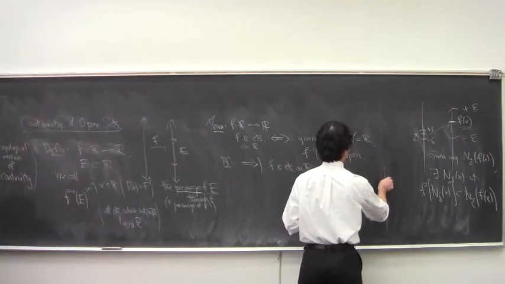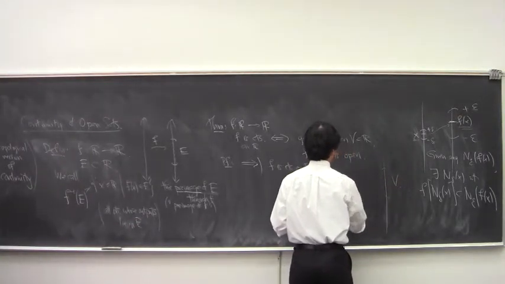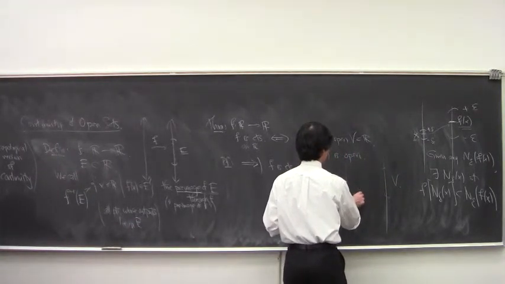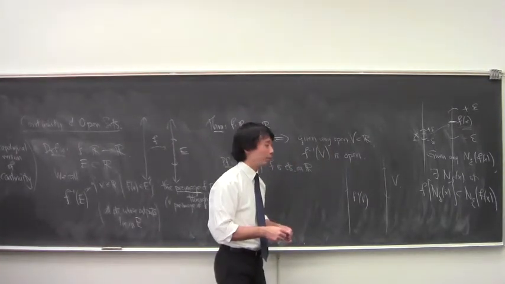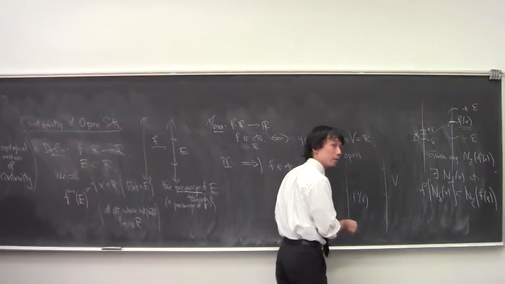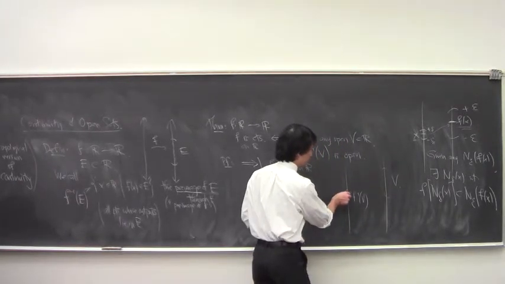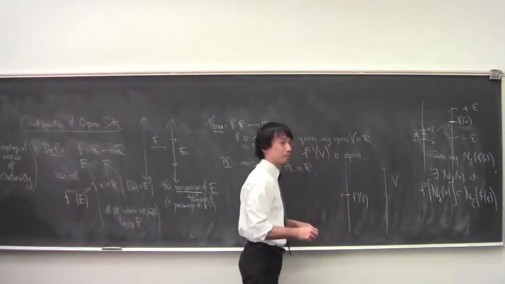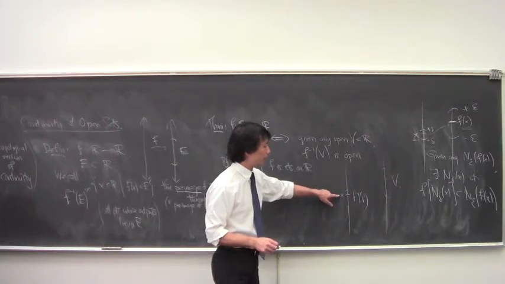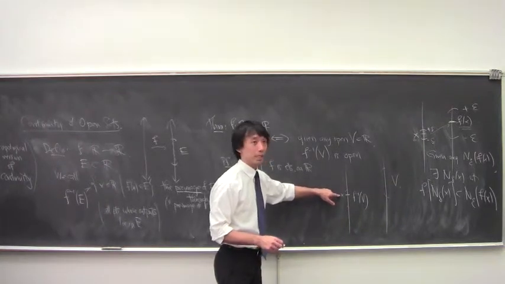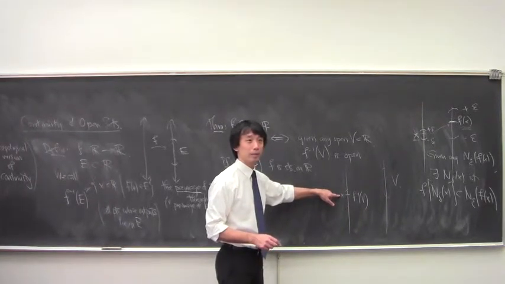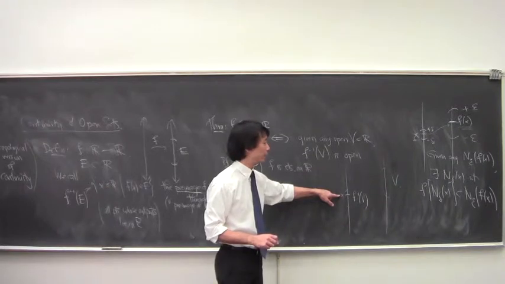You have some open set V here, and you have the pre-image, F inverse V. You take some point in there, and you're hoping to see that that's an interior point.